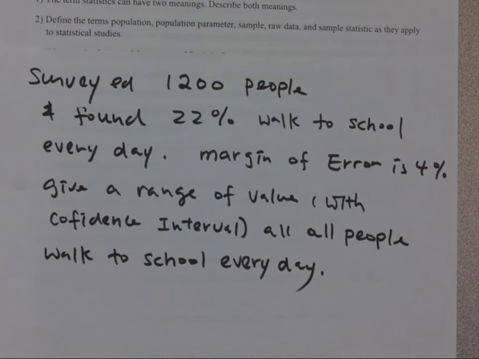Okay. What is that 22%? That's your sample statistic. Okay. And then what would be the raw data for this one? All the responses from where? That 1,200 people. Good.